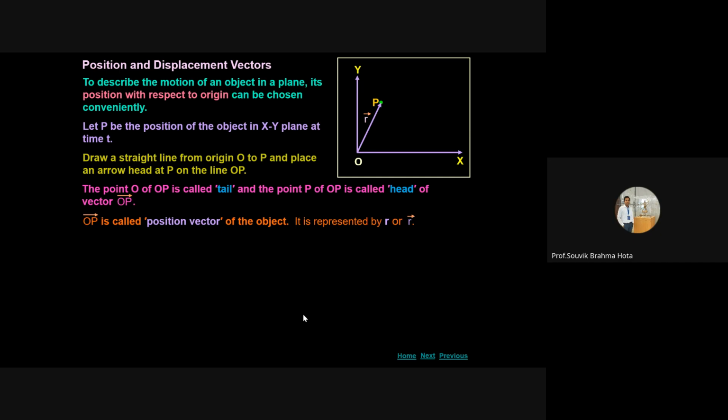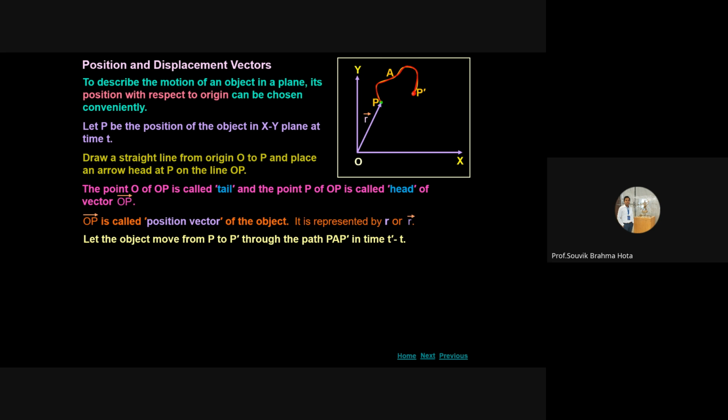It is represented by R, that means R vector. Now let the object which is on P initially move to P dash, or P prime, like this. So it basically travels a path A and finally moves to this point, P dash or P prime.